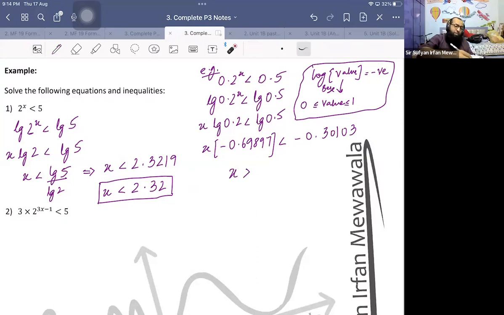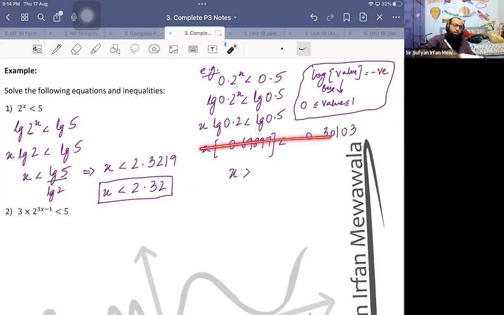So if we have seen that these numbers are between 0 and 1, then we need to recall that lg, or any kind of log being applied on these numbers will give us a negative value. And if we are going to divide, although the negative signs will get cancelled, because there was originally negativity involved with the variable, and that negativity is being removed by sending it to the other side, in that case the inequality sign has to be reversed.